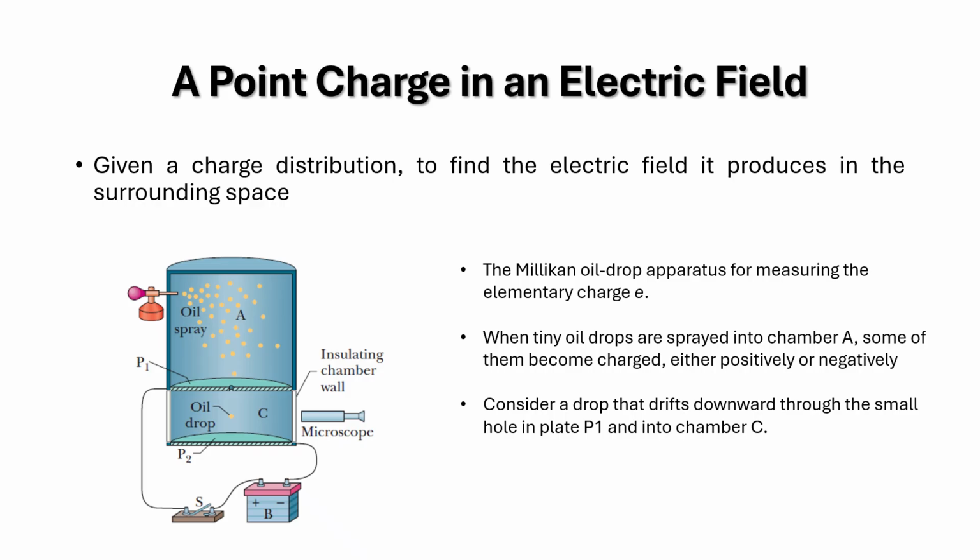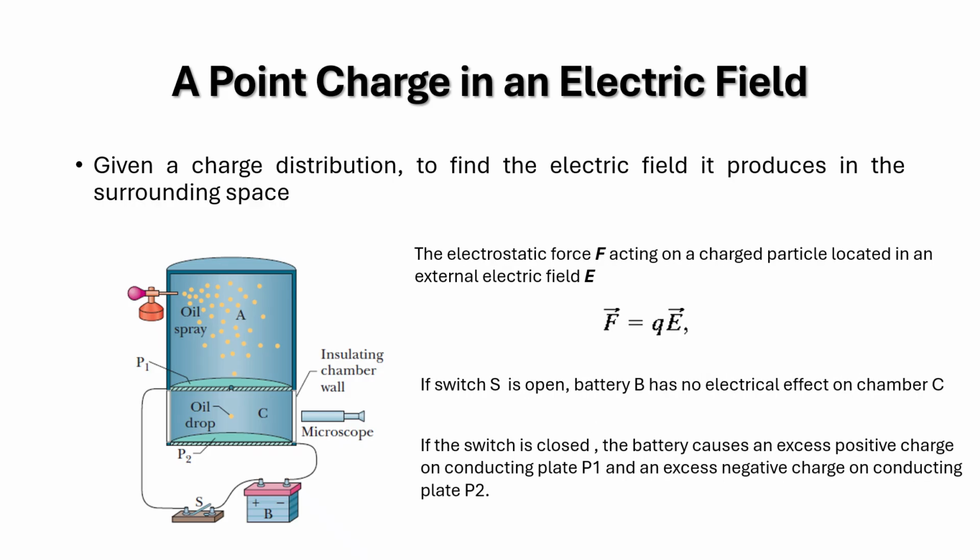Consider a drop that drifts downward through the small hole in plate P1 and into the chamber C. Then the electrostatic force acting on a charged particle located in the external electric field is F equal to Q times the electric field. This is one of the applications of the electric field.